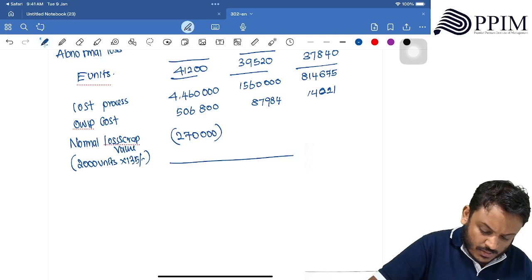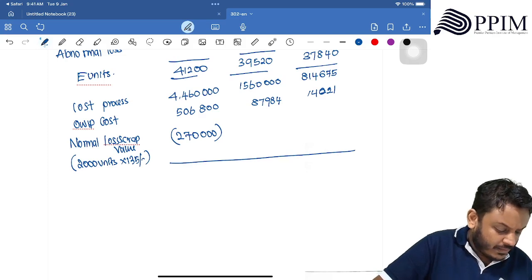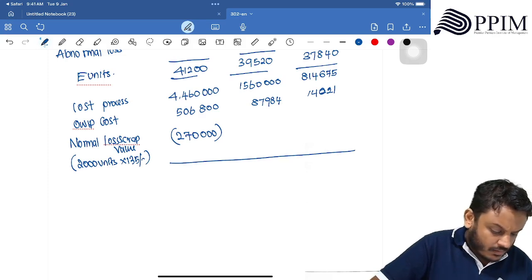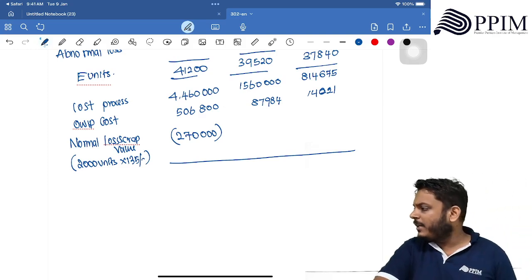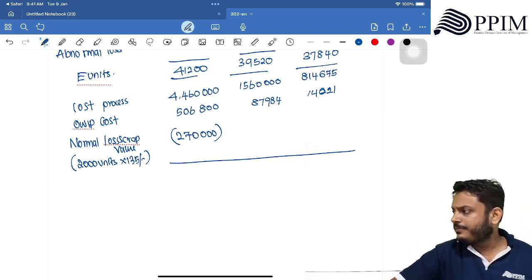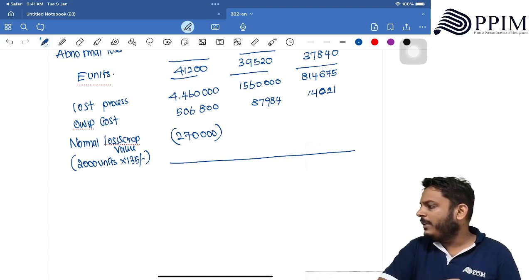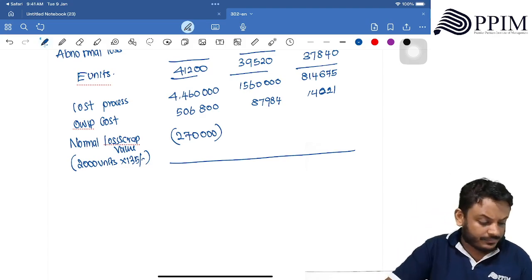Now students, we can end up with the cost. Yes, it's the WAC method. For the FIFO method, they should specifically mention it.